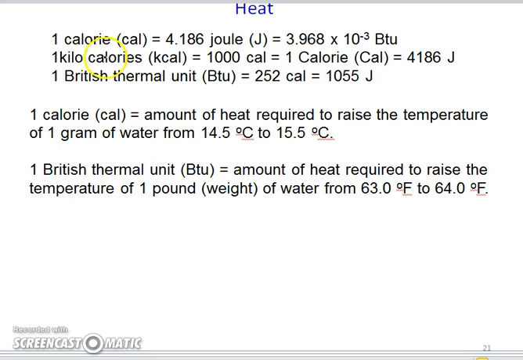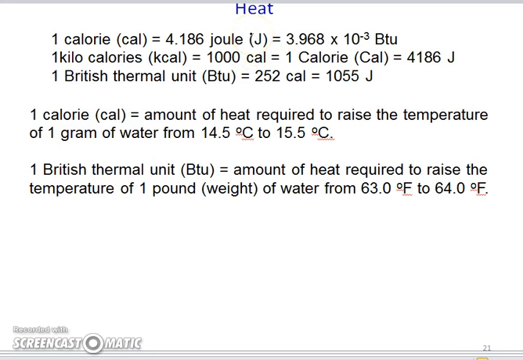And of course 1 small calorie is 4.186 joules, or 1 big capital C Calorie, which is 1000 calories, will be 4186 joules.